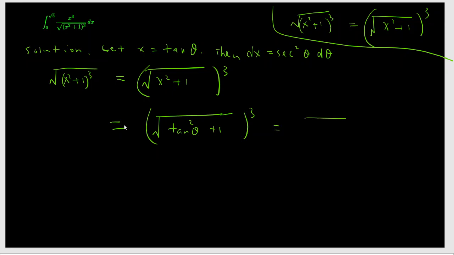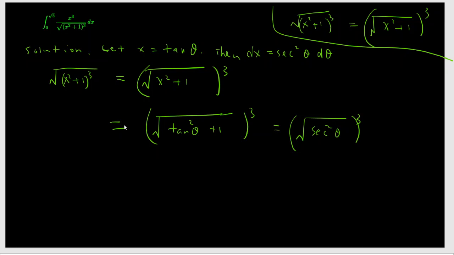So what do you have? You have square root of tan of theta, the whole thing squared, and then plus 1. So what is that? Using the trig identity, you see as secant of theta, the whole thing squared, right? So do not forget the whole thing cubed.